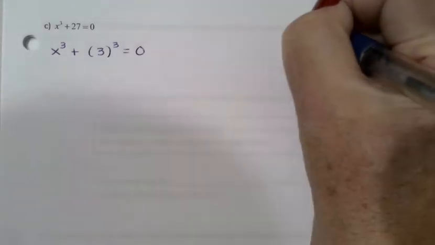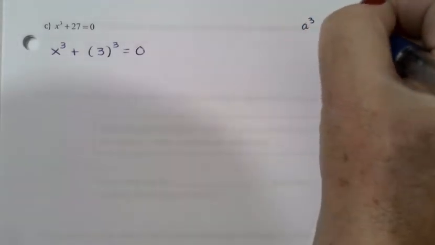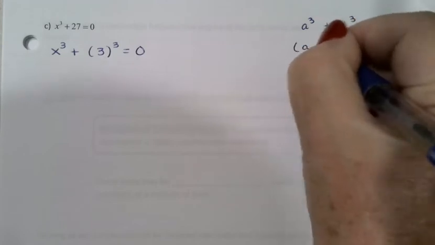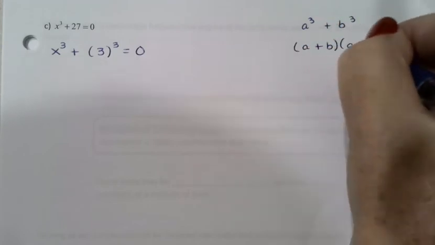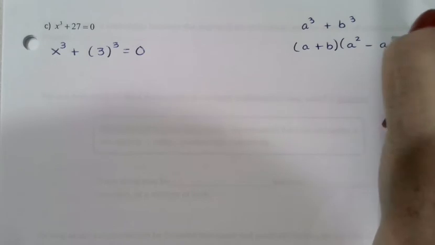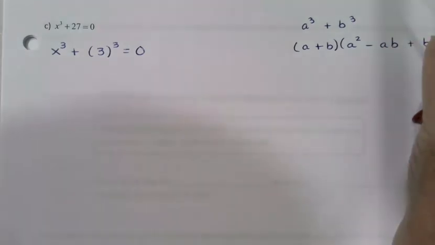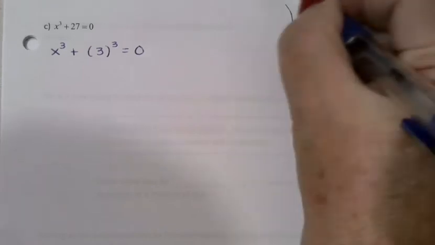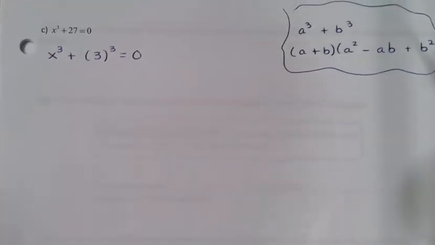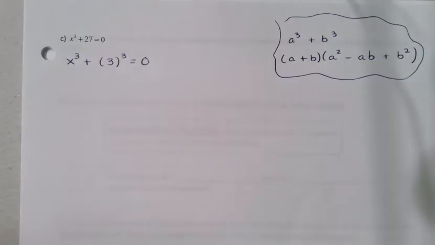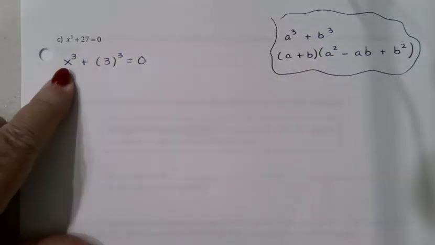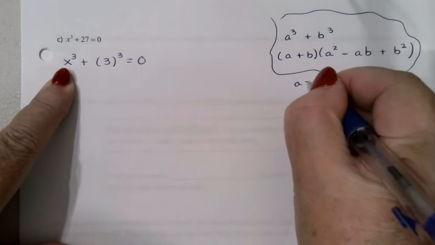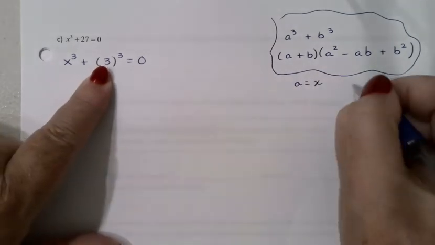Okay. And I'll just remind you what the sum of cubes formula looks like. It says a cubed plus b cubed factors as a plus b times a squared minus ab plus b squared. So just a little reminder there. All right, in this case, the a is going to be the x, and the b would be the 3.